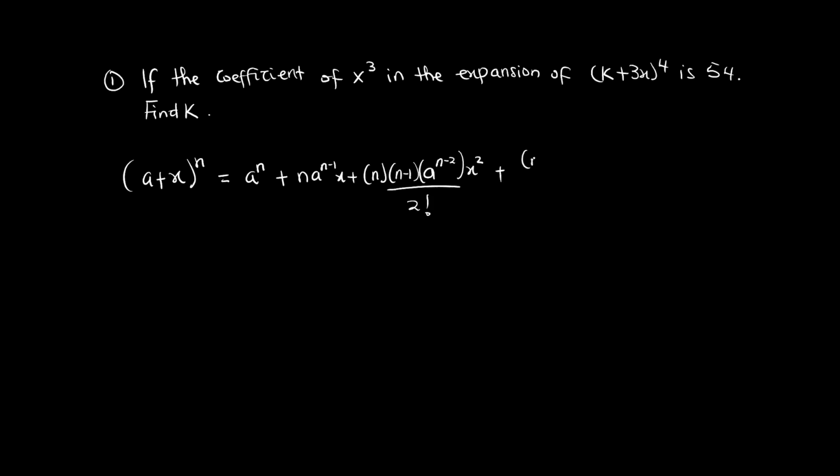And then you have here n(n minus 1)(n minus 2) a^(n minus 3) x cube all over 3 factorial. Okay?